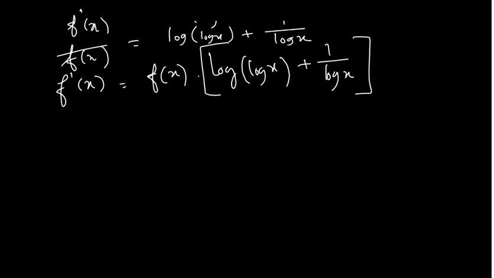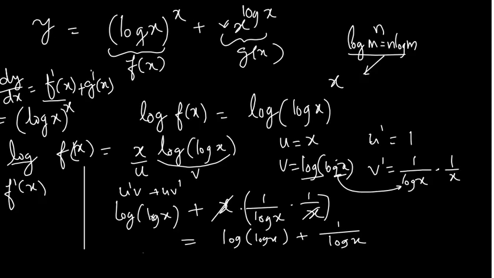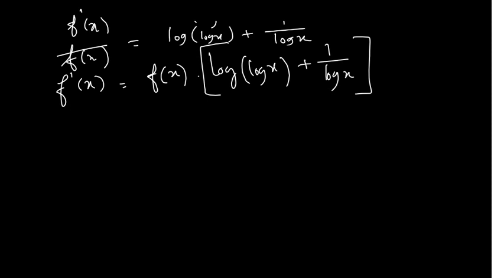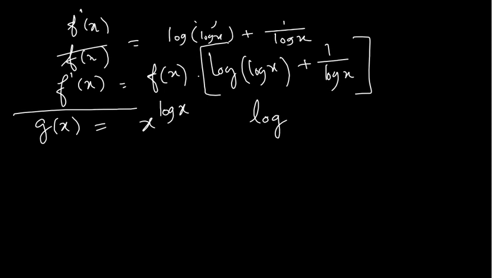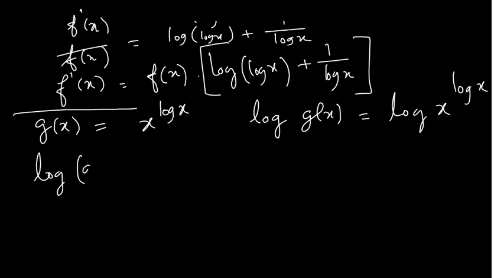So now we have to go for the g of x, x to the power of log x. So take logarithm both sides. Log g of x equal to log x to the power of log x. So you will have log g of x equal to, this log x will come to the front.